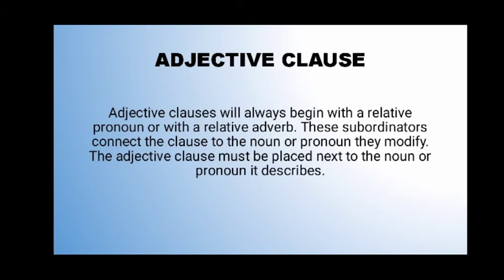Adjective clauses will always begin with a relative pronoun or with a relative adverb. These subordinators connect the clause to the noun or pronoun they modify. The adjective clause must be placed next to the noun or pronoun it describes.